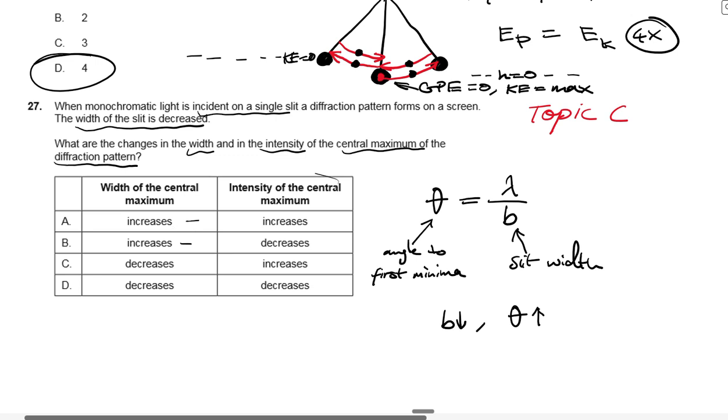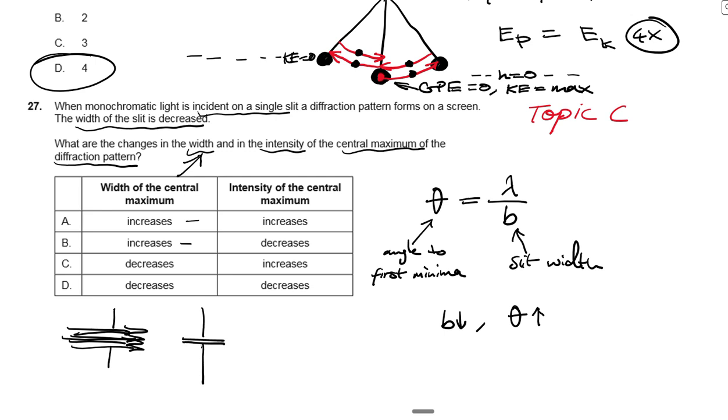And the next thing is the intensity of the central maximum. If we have a smaller width, let's say we have this, more light is going to pass through, right? Now, if we close the slit, we have less light passing through.